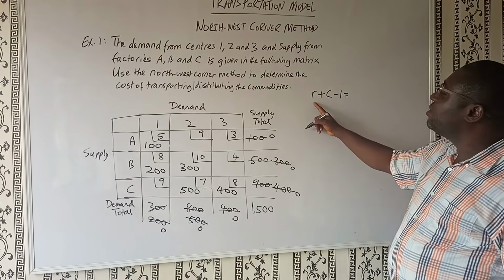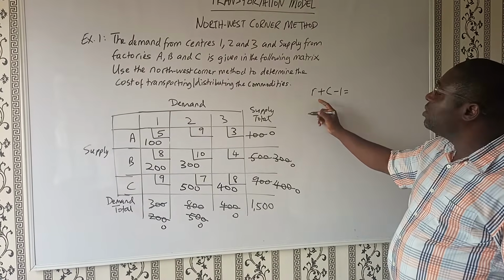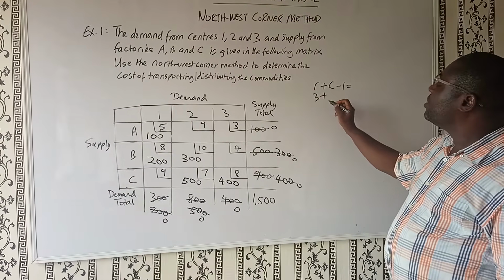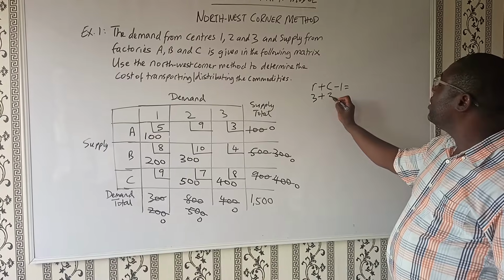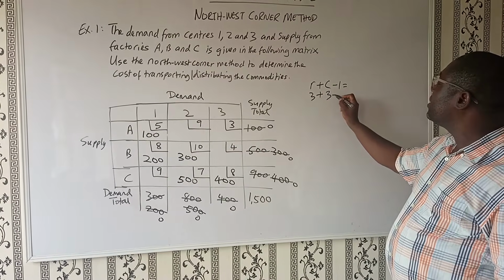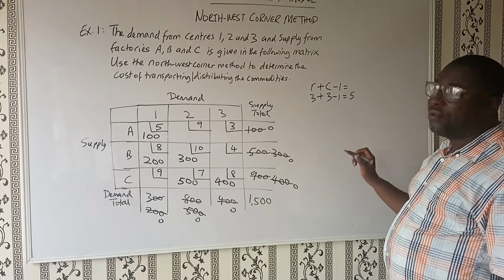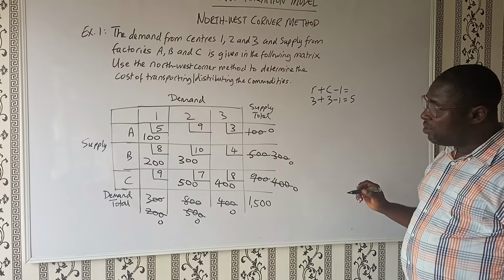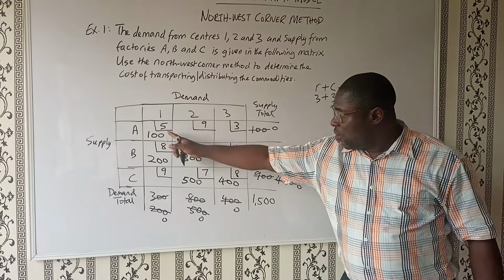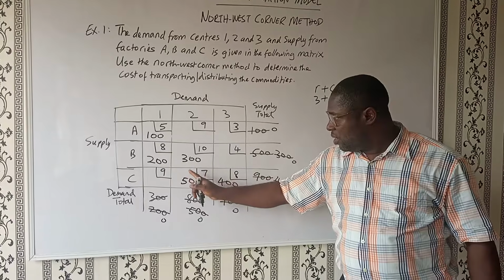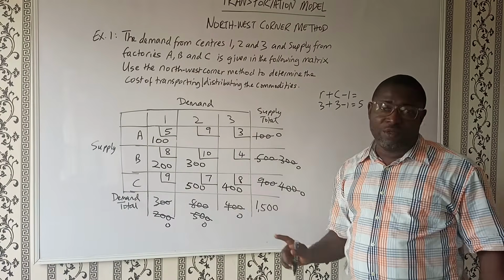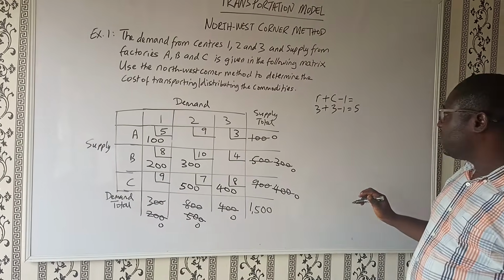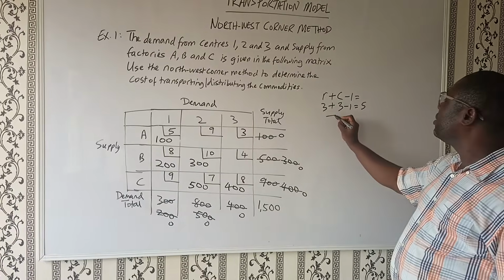In this case, we have the number of rows to be 3, plus the number of columns to be 3. So 3 plus 3 is 6, minus 1 gives us 5. So how many cells did we fill? We filled 1, 2, 3, 4, and 5. So this is correct. Now let's check for the transportation costs.